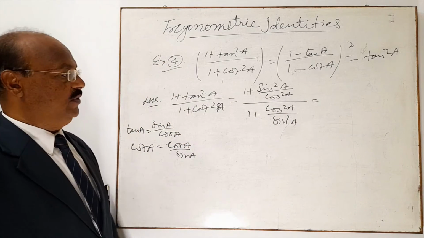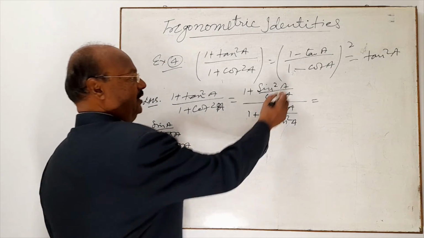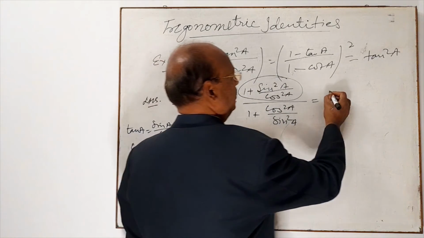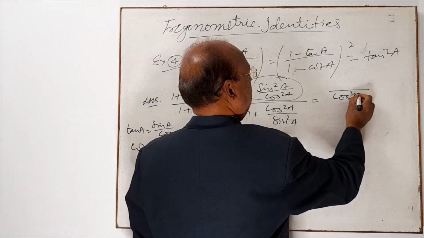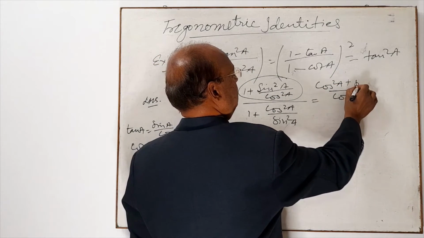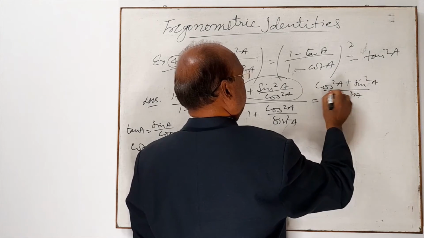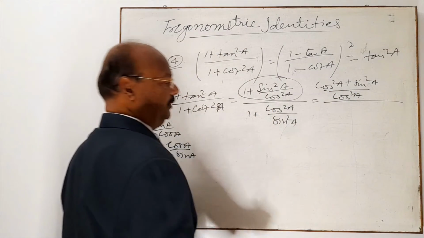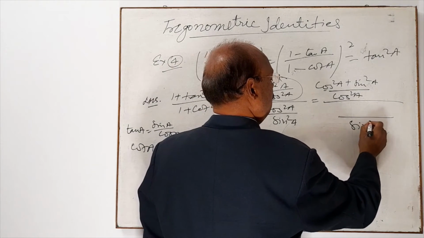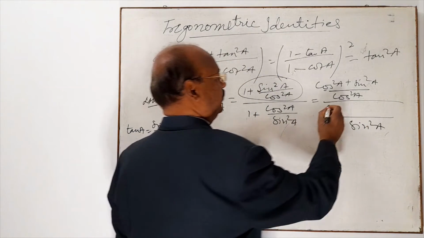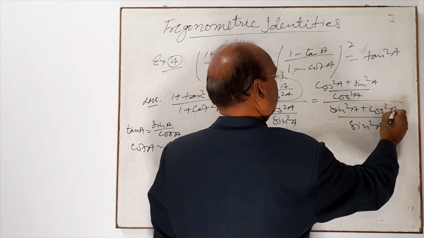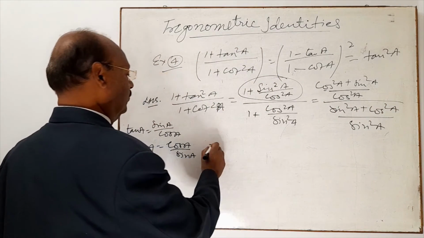Now we'll simplify further. Here in this numerator, let us take the LCM. The LCM will be cos²A, and the numerator is cos²A + sin²A, whole divided by, here the LCM will be sin²A and the numerator will be sin²A + cos²A. Next step.